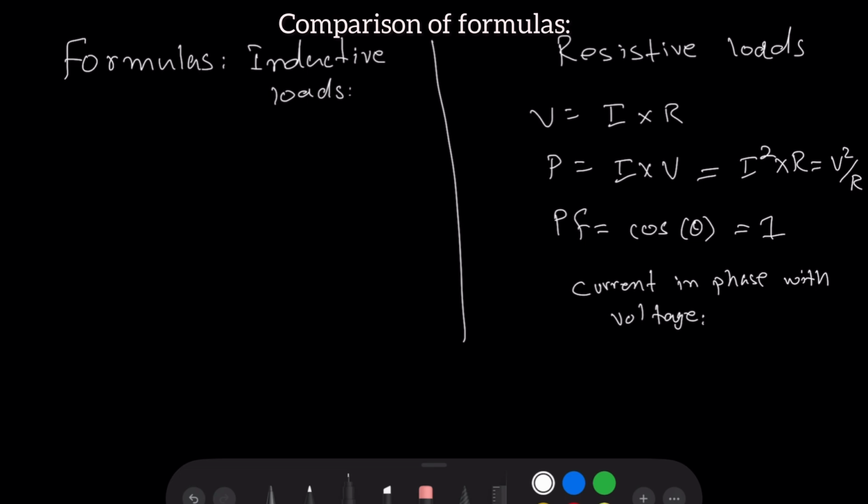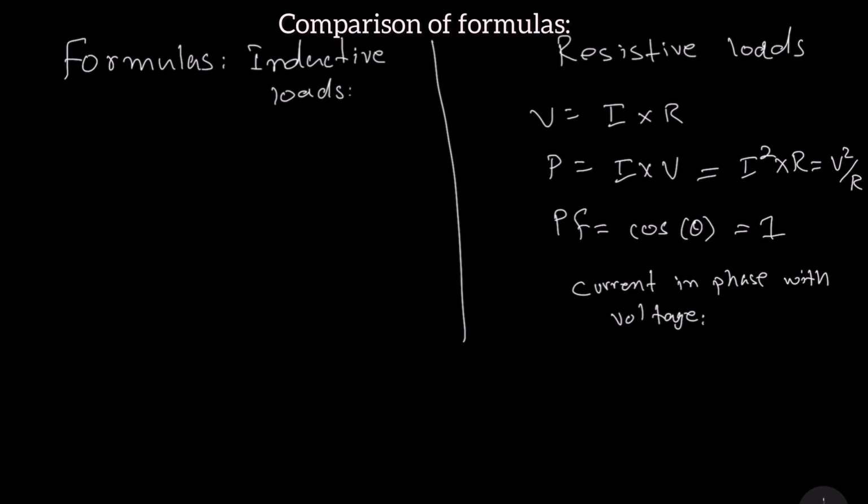We have the inductive reactance, which we call XL, where L is for inductance. XL equals 2 pi f L.